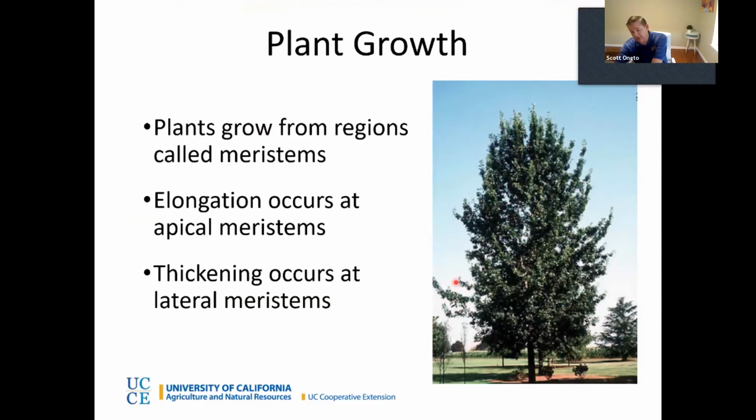And then all down these branches, we have lateral buds that are also apical meristems. And then down in the roots, we have all of these apical meristems. So the elongation of the plant is happening at all of those apical meristems. And then the increase in girth is happening at these lateral meristems.